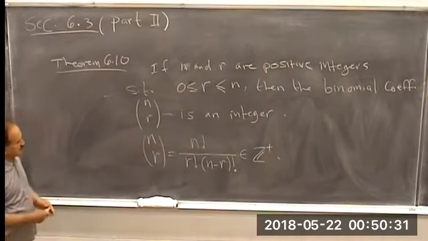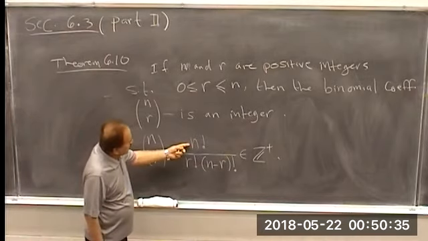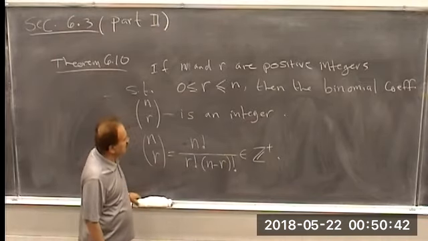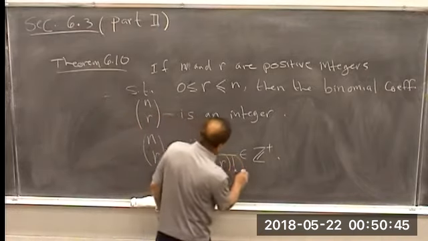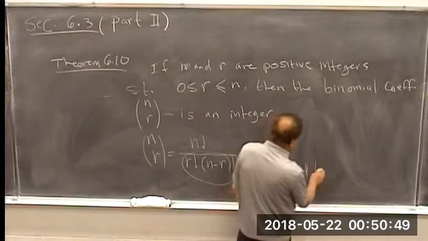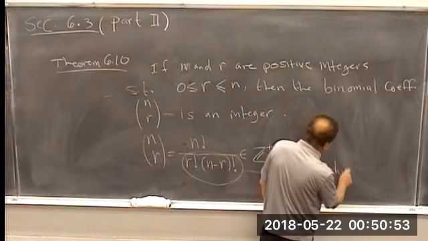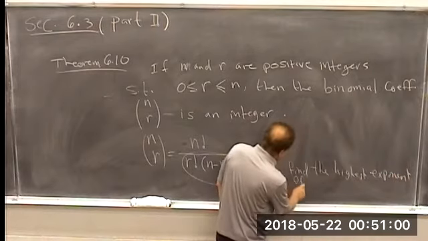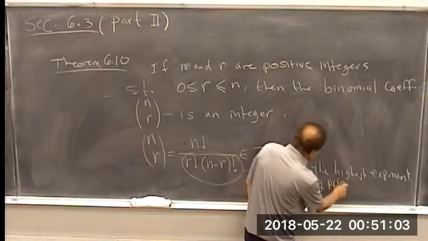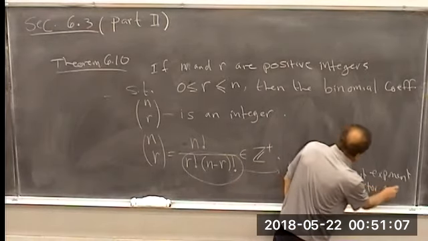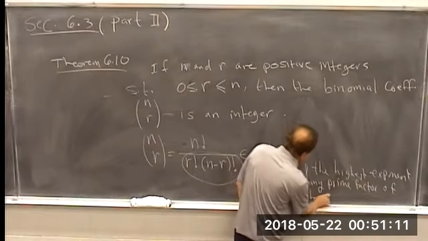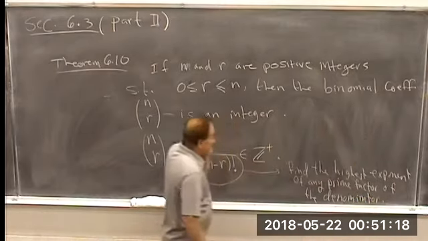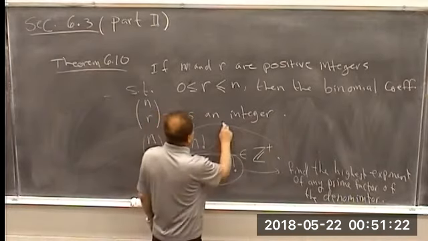All right, the idea here is again to take a prime factor of the denominator, find the highest exponent of any prime factor of the denominator, and then compare that with that of the numerator.